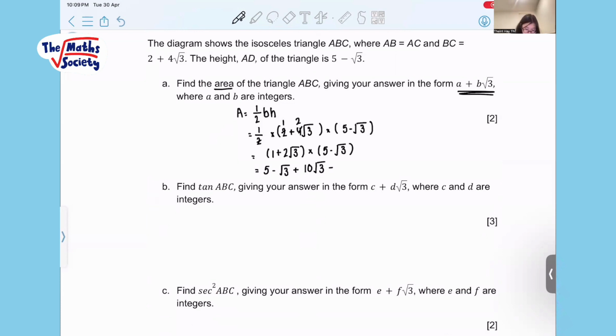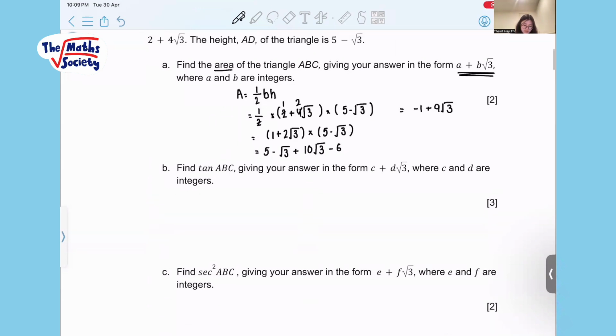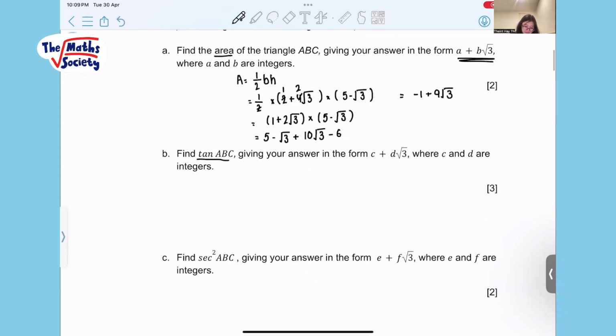So we have 3 times 2, which is 6. That is going to equal 5 minus 6, which is minus 1, right? So minus 1, and then minus root 3 plus 10 root 3, which is plus 9 root 3. Yep, and then we have to find tangent ABC.